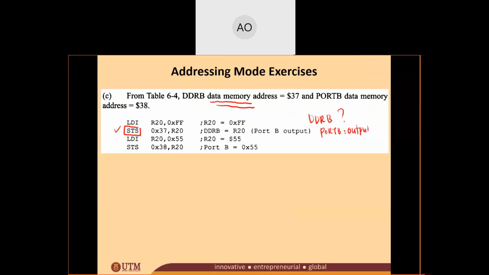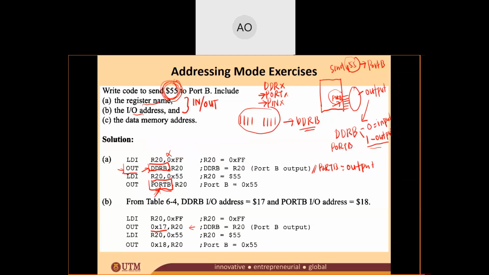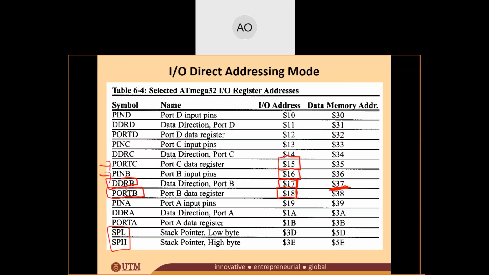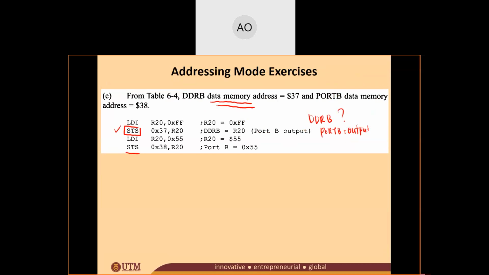Then next we load this value, 55, to R20, and then we're going to send it to your port B register. By using the STS, you now need to find out the data memory address of port B. Refer back to this one here. The port B address is 38, so that's why you put STS 0x38, R20.